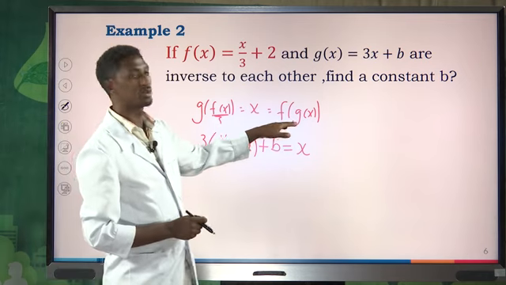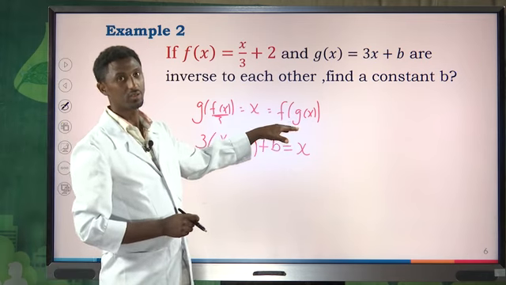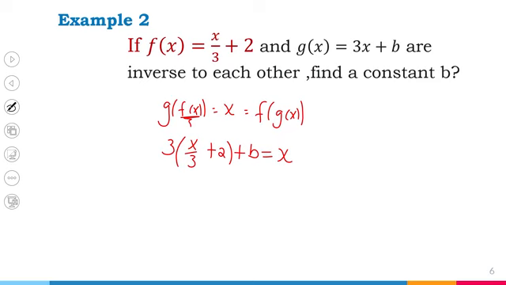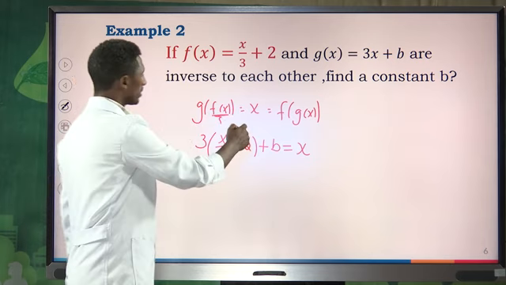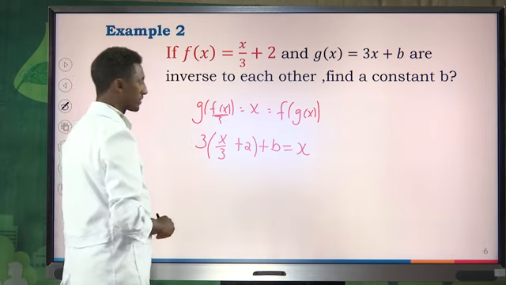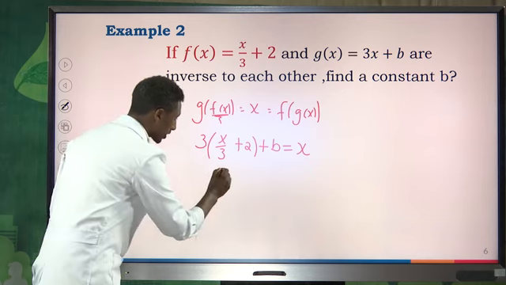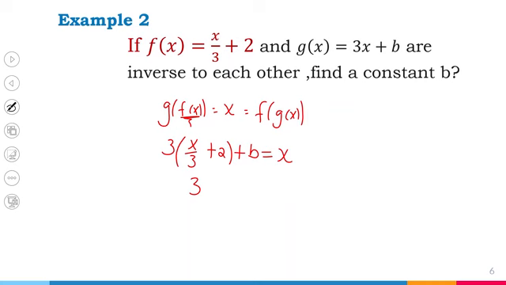Either we can use the second option, since we'll have the same value. So this equals 3x over 3, then plus 6 plus b equals x.